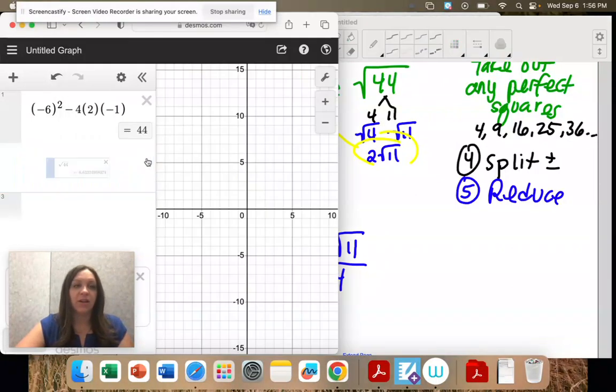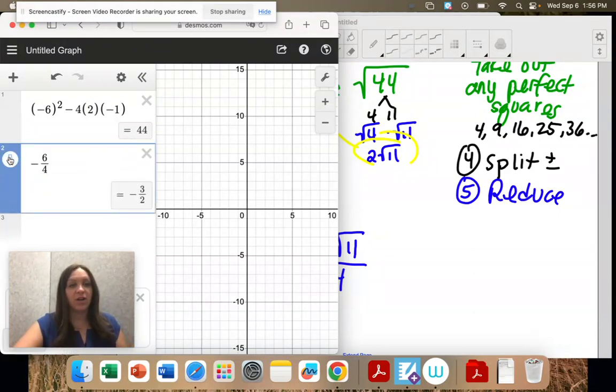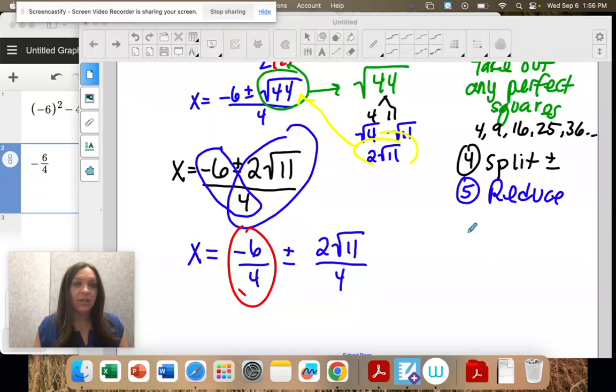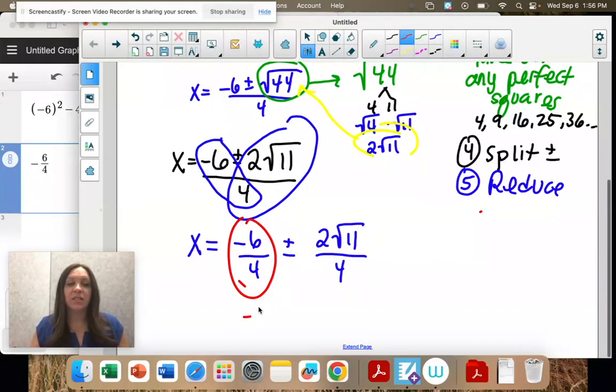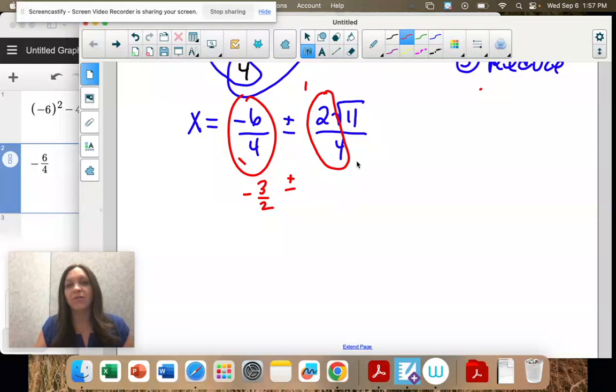Negative 6 divided by 4. Again, I'm showing you this because if you don't like to reduce fractions, use a calculator. Negative 3/2 plus or minus, and then this reduces. 2 over 4 becomes 1/2. So square root of 11 over 2.